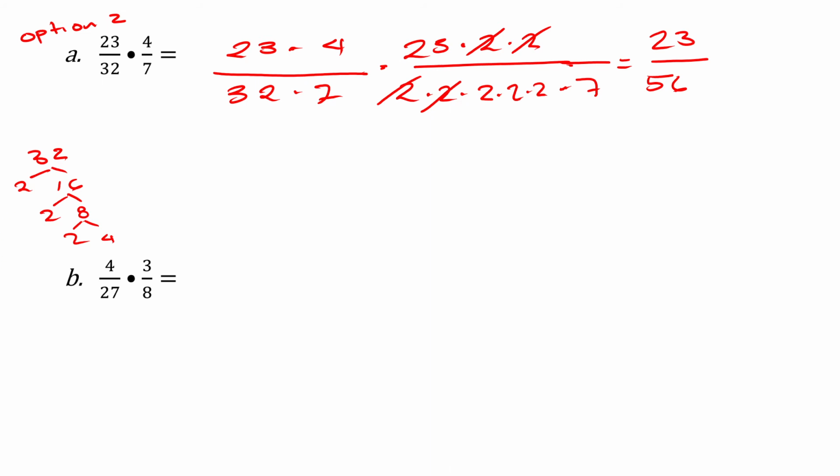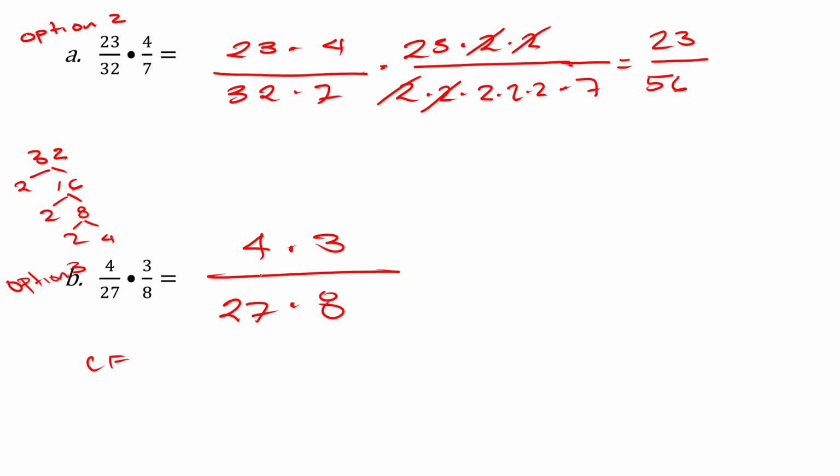Now let's try B. For B, we'll try option 3. 4 times 3, and then 27 times 8. Now, we simply look for common factors.